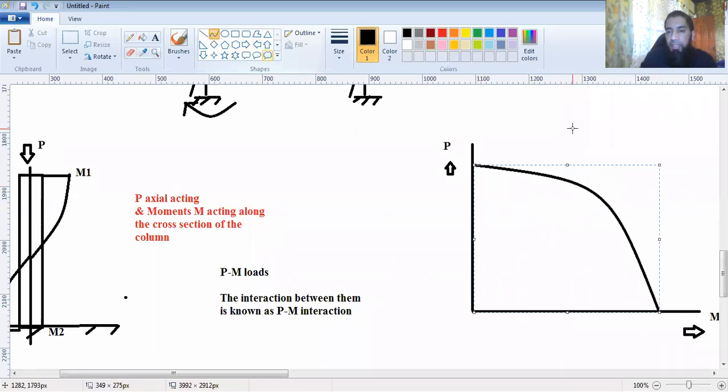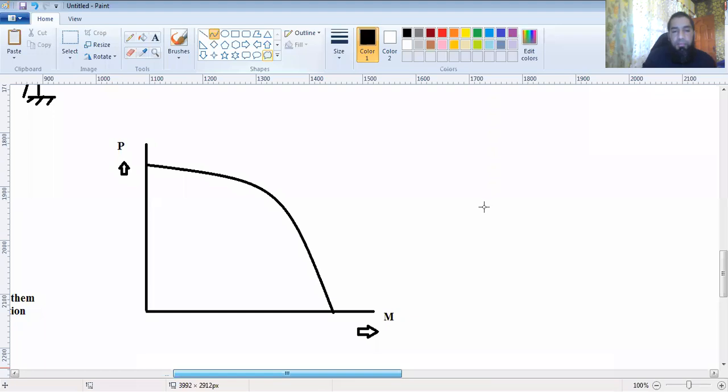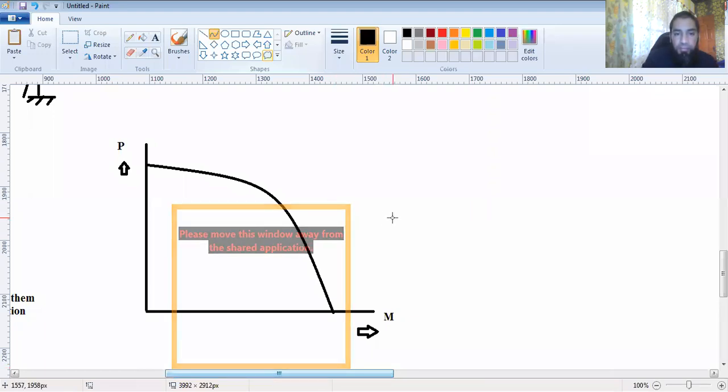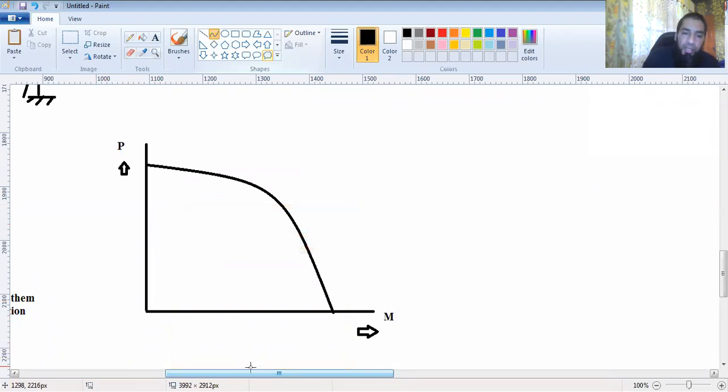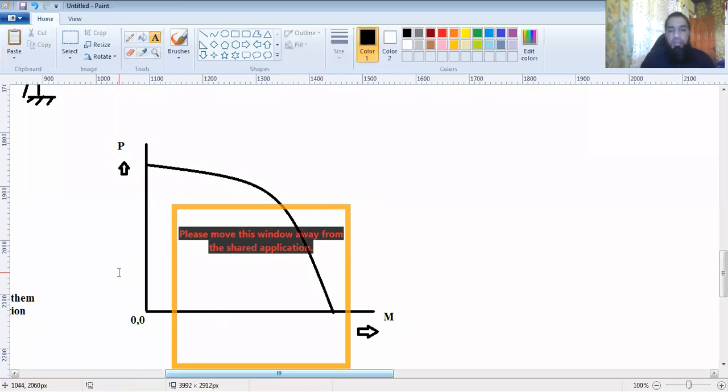They are somewhat like this. Now this is P, this is M. If the load is 0, the moments are 0. This is 0, 0. So you will have many PM interaction curves for each column.